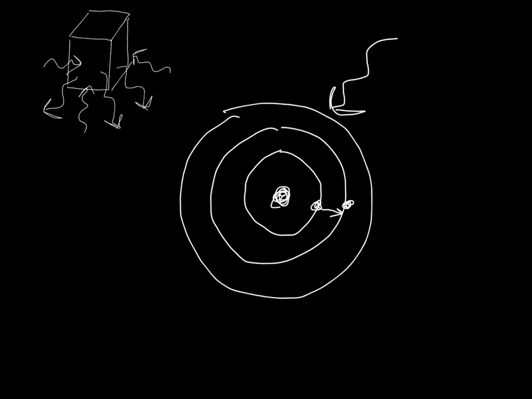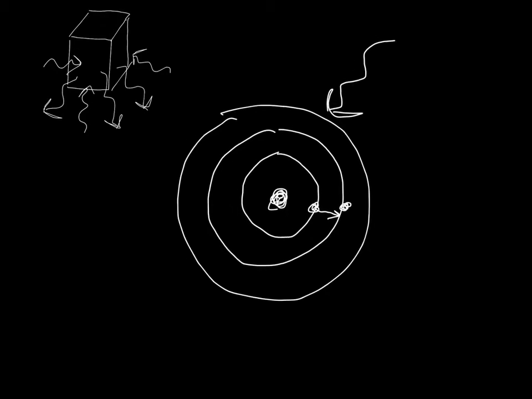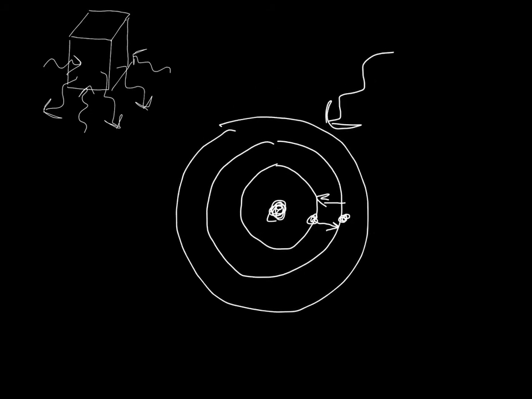So then the more energetic electron will want to go back down to its original energy state. And once it goes back down to its original energy state, it will re-emit energy in the form of a photon.